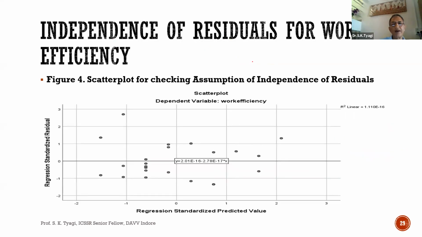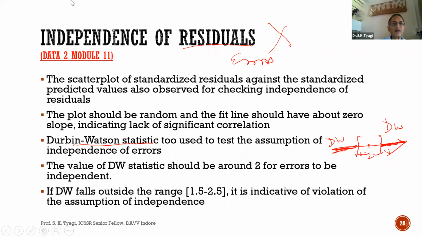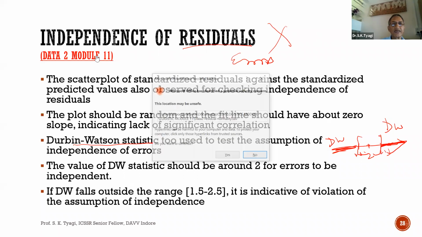This is the same graph which we just now discussed. This is the fit line and it is almost parallel. It has zero slope. Therefore, we can assume that residuals are independent. But now let us see the Durbin-Watson statistics.